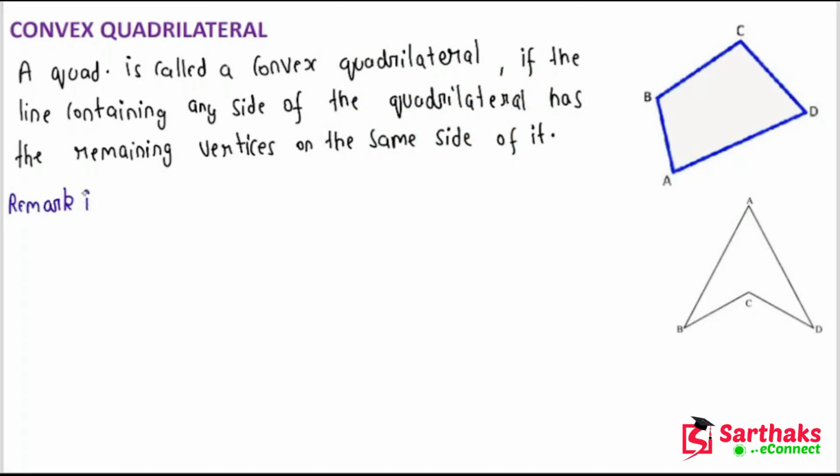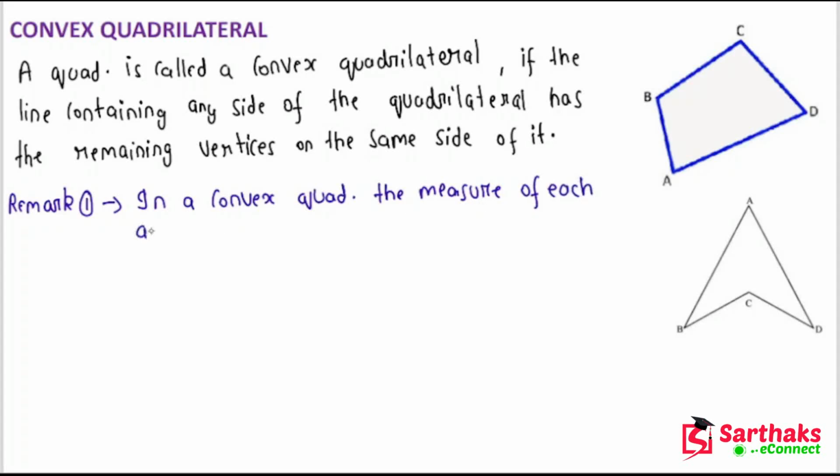So let me give the first one: in a convex quadrilateral, the measure of each angle, we are talking about interior angle, is less than 180 degrees.